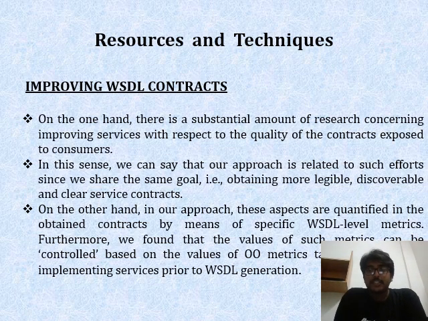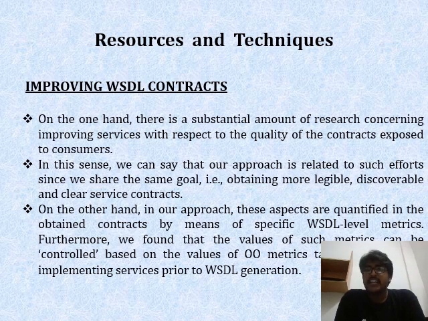One of the techniques which we are using in the WSDL document is improving WSDL constructs. When it comes to improving the WSDL construct, there is a substantial amount of research concerning improving services with respect to the quality of the contract exposed. In this sense, we can say that our approach is related to such efforts and to clear service contracts.